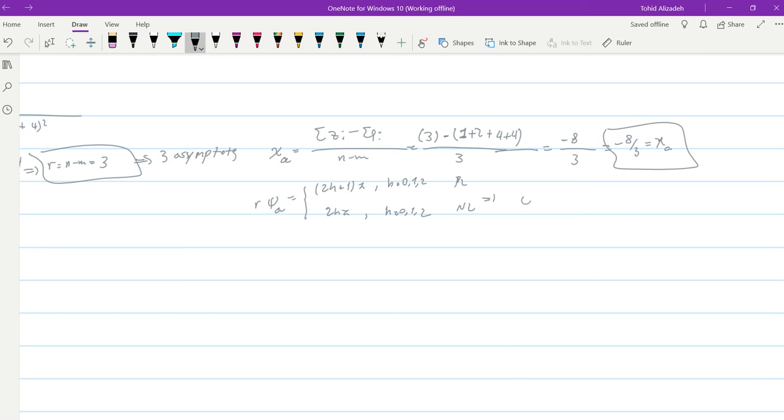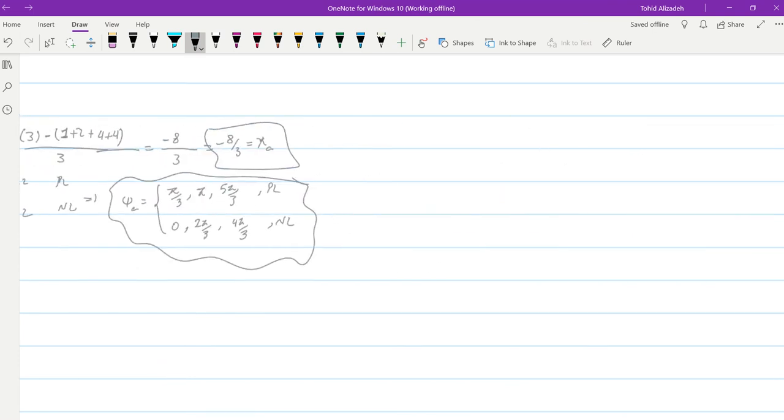Therefore, theta a, if I replace h with the values and divide both sides by r, which is equal to 3, will be pi over 3, pi, and 5 pi over 3 for the positive locus, and we will have 0, 2 pi over 3, and 4 pi over 3 for the negative locus. So we have the asymptotes in this way.